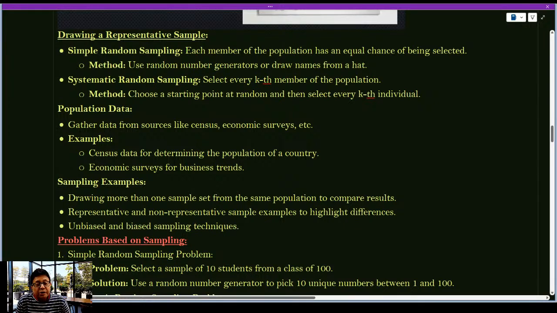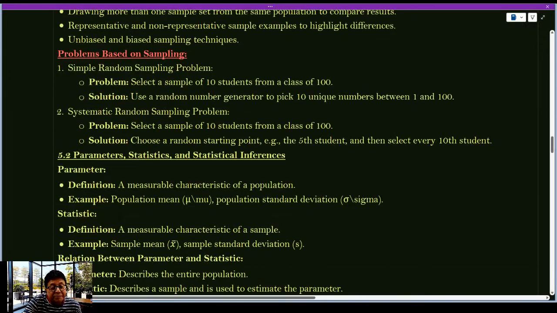Sampling technique. Suppose you want to draw 10 students from a class of 100 using simple random sampling. What is simple random sampling? Each member of the population has an equal chance of being selected. Here you cannot use the table you got previously from CBSE. Here you have to explain the technique.